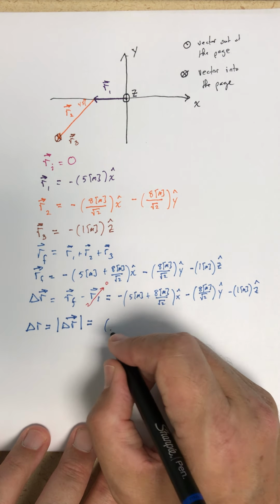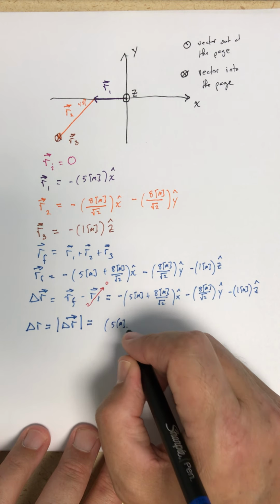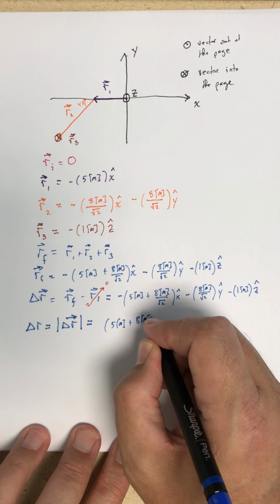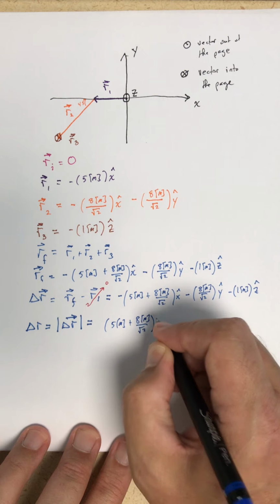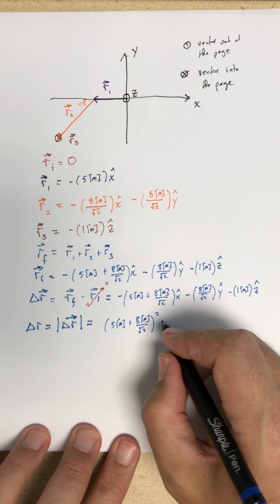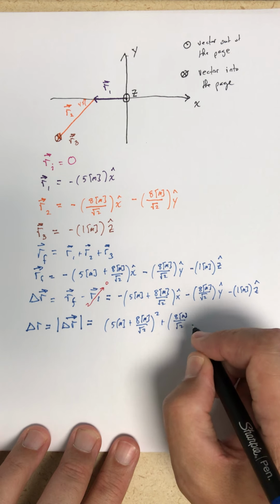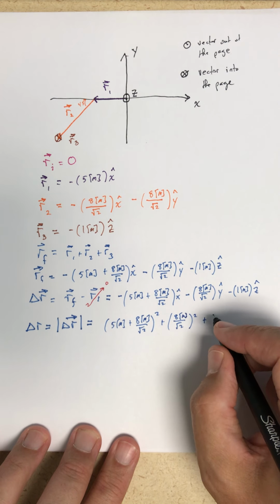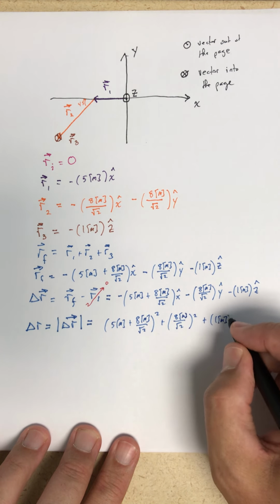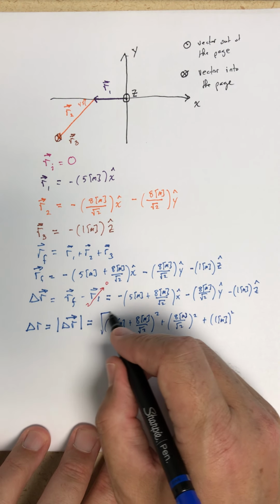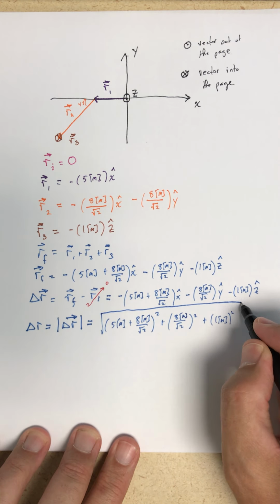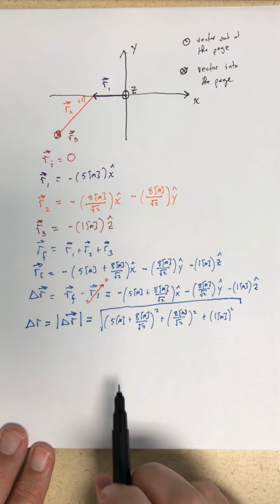So I'm going to have 5 meters plus 8 meters over root 2, quantity squared, plus 8 meters over root 2, quantity squared, plus 1 meter, quantity squared, and square root of all of their sums.